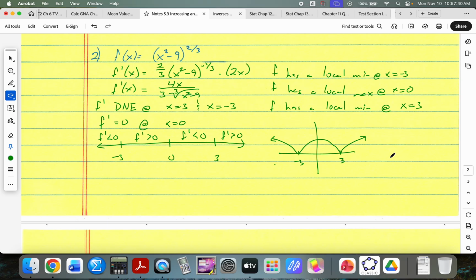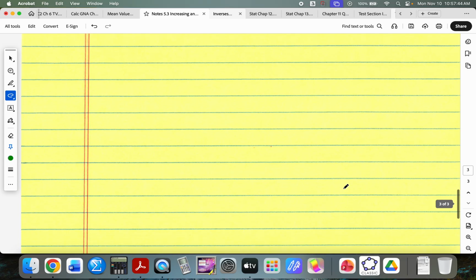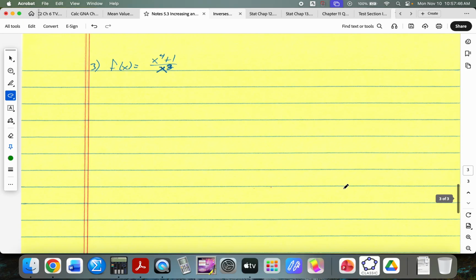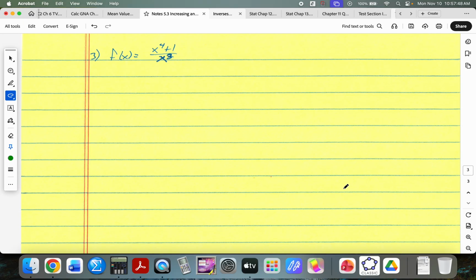Anyway, we will move on. Just one more. x to the 4th plus 1 over x cubed. And we want to take the derivative of that. Make it not a quotient. Okay, let's make it not a quotient. How can we make this not a quotient?